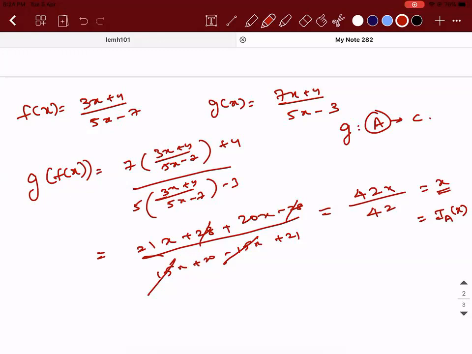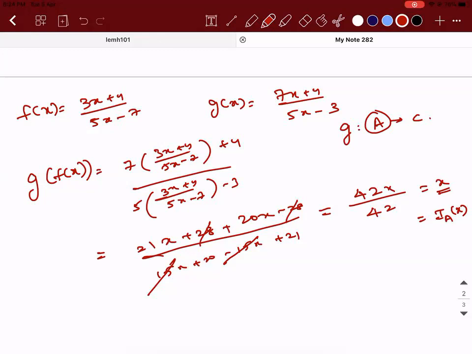X, where does that x come from? It comes from... okay. So remember this problem.